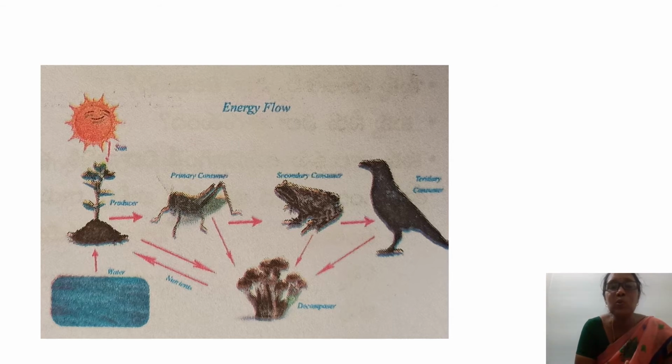They decompose. They decompose dead food. They decompose waste food. And they break down food substances. They break complex molecules into simple molecules. They break down the food. That means they break down proteins, carbohydrates, fats, and change them into simple molecules like elements.